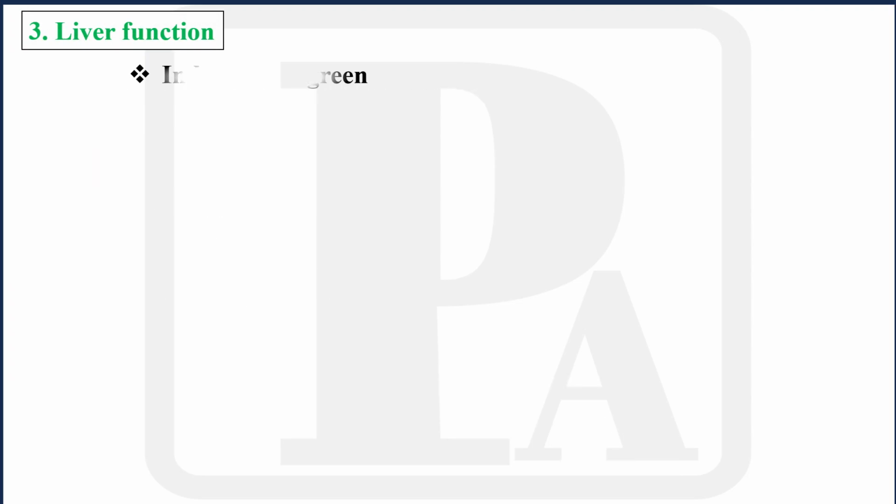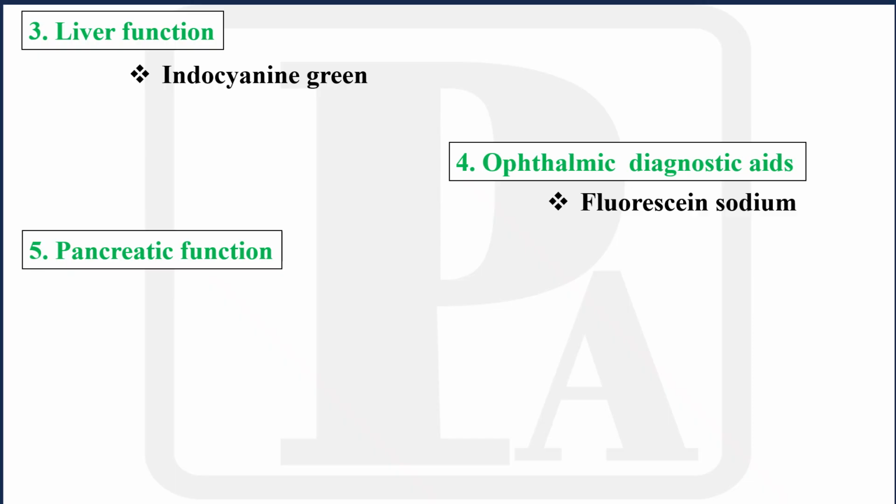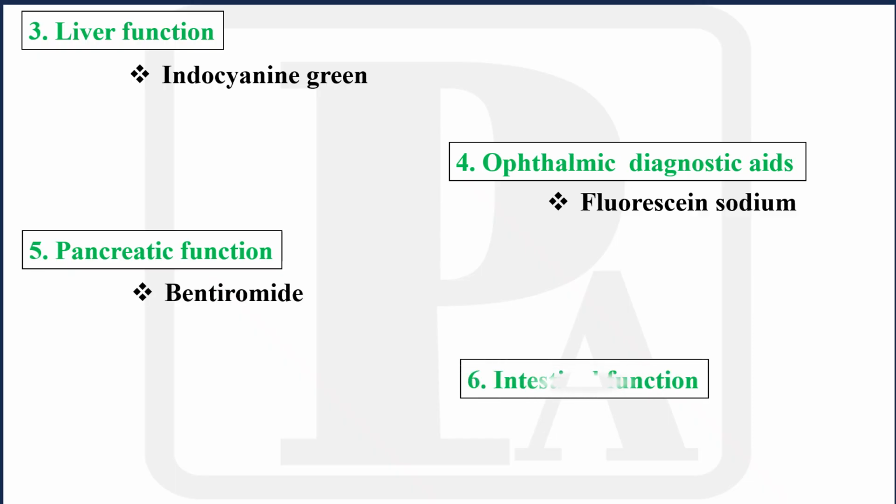Example is indocyanin green. The next one is ophthalmic diagnostic aids. Example is fluorescein sodium. Then the fifth one is pancreatic function. Example is bentiromide. Then the sixth one is intestinal function. Examples are barium sulfate and xylose.